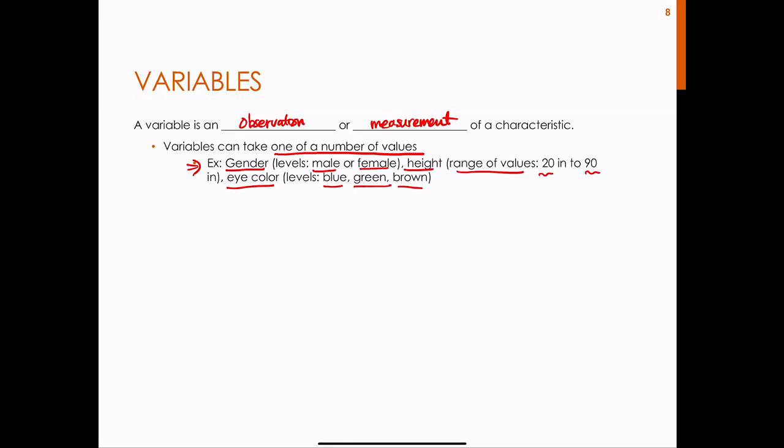And maybe one more example, a response from a 5-point Likert scale. I think you are familiar with those: 1 is strongly disagree, 2 is disagree, 3 is neutral, 4 is agree, and 5 is strongly agree. These are also examples of variables.